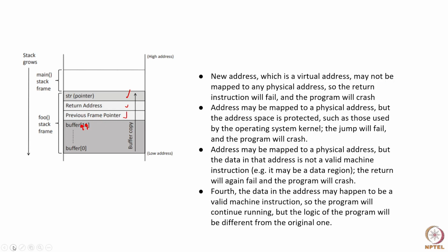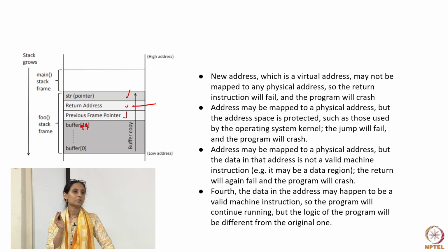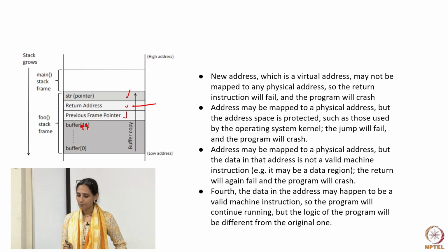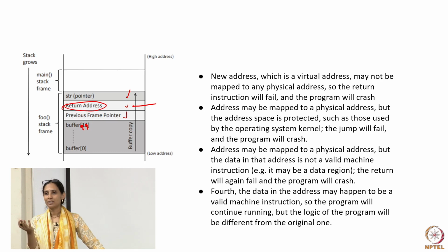Now, there are multiple things that can happen. When you overwrite, this return address is going to get overwritten, because as I said, you are copying 300 characters when the buffer has only space for 100 characters. So, something else will also get overwritten. When you overwrite the return address, a bunch of things can happen. One is that whatever you are putting in here is basically a bunch of bits.